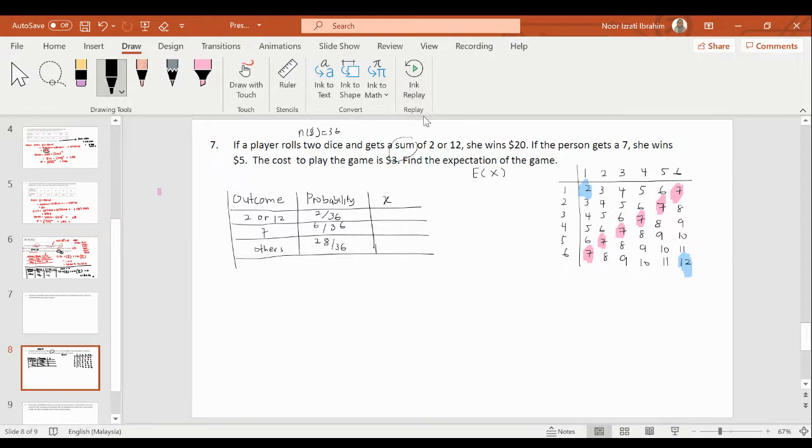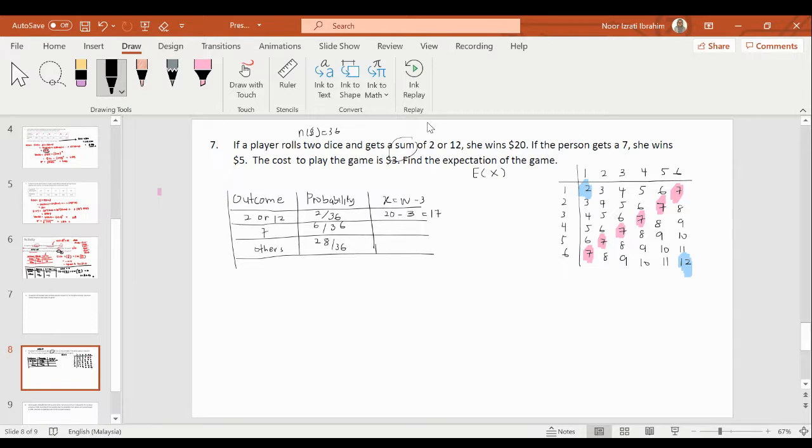The x will be the winning. The cost to play the game is 3, so the x will be winning minus 3. When the player gets 2 or 12, she will win 20 minus the 3 she needs to pay, which is 17.